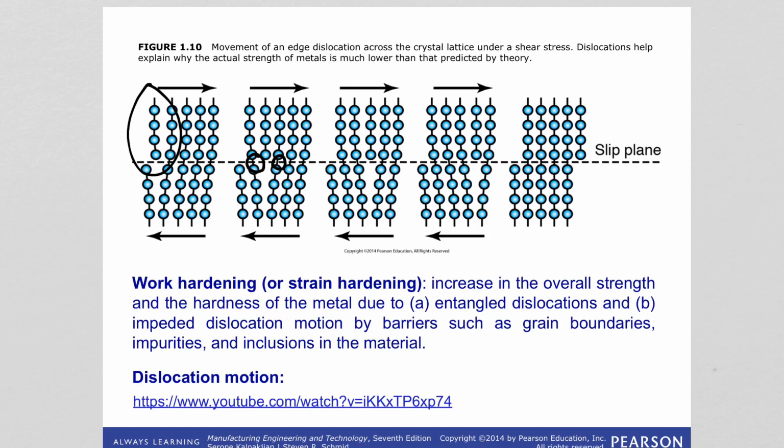So this was actually requiring much less energy than what is calculated with the theory, right? So overall, if just one extra plane of atoms moves along the structure by the shear stresses, you see an actual change in shape, right? You see the overall material changed shape.